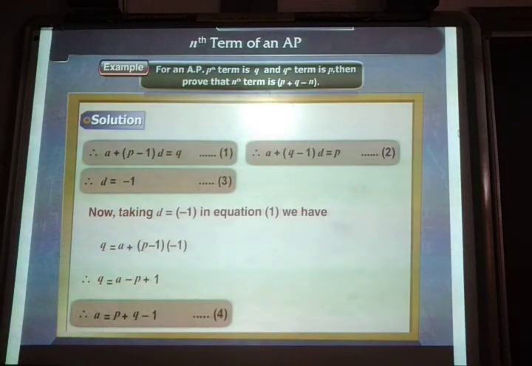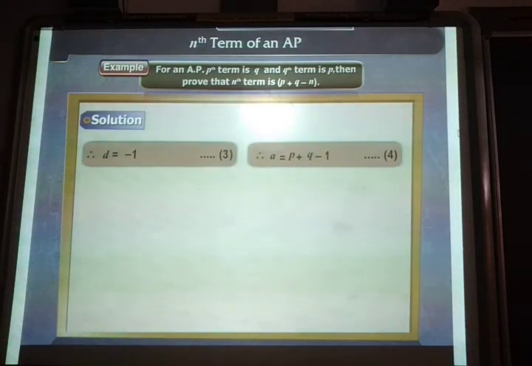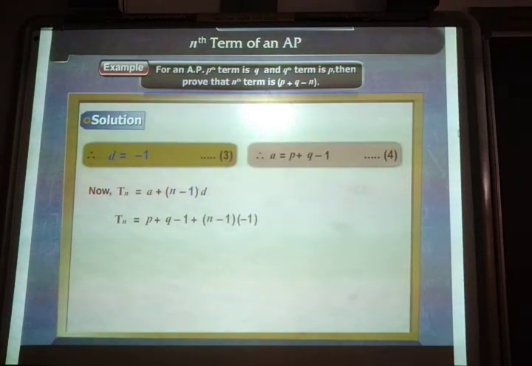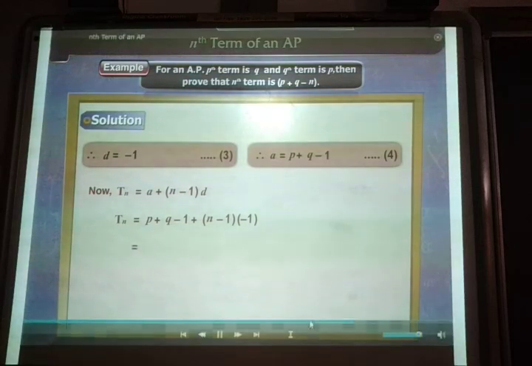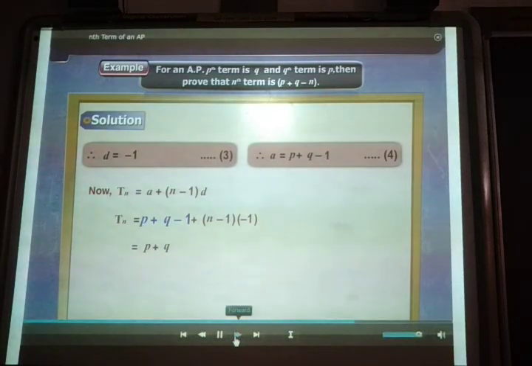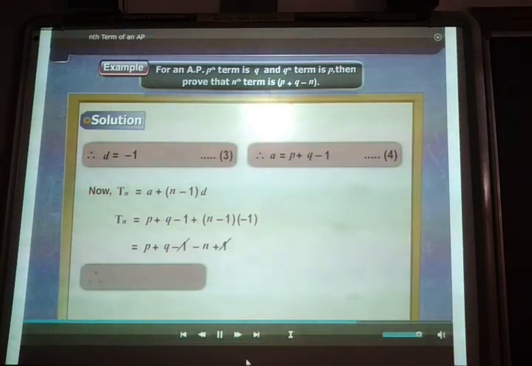Equation 4. Now, Tn is equal to A plus N minus 1 into D. Tn is equal to P plus Q minus 1 plus N minus 1 into minus 1, which is equal to P plus Q minus N.